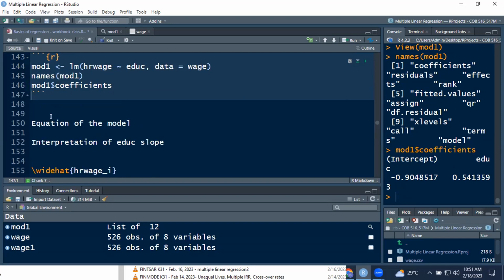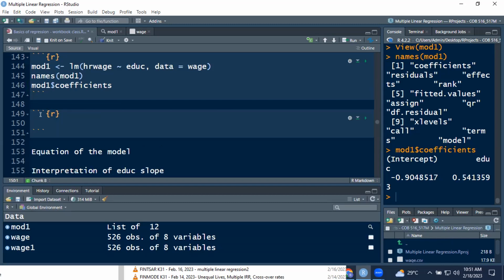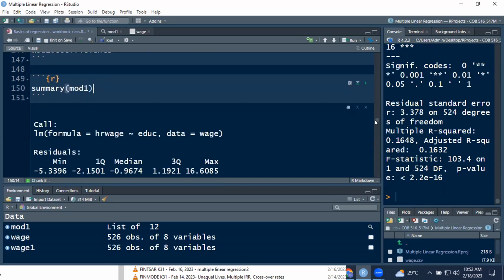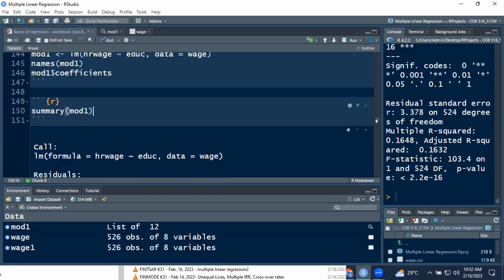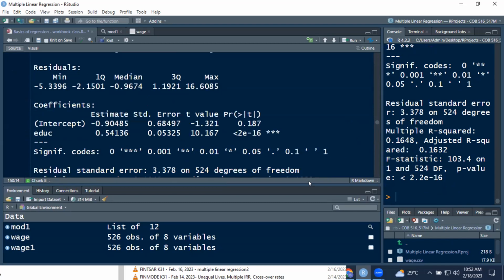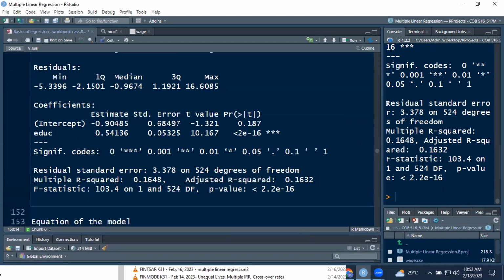All right, so let me insert another code chunk. And then one important function that we can do is to summarize mod 1. Okay, let's see what happens to summary mod 1. Run natin to. Okay. So we have this. Summarize natin.